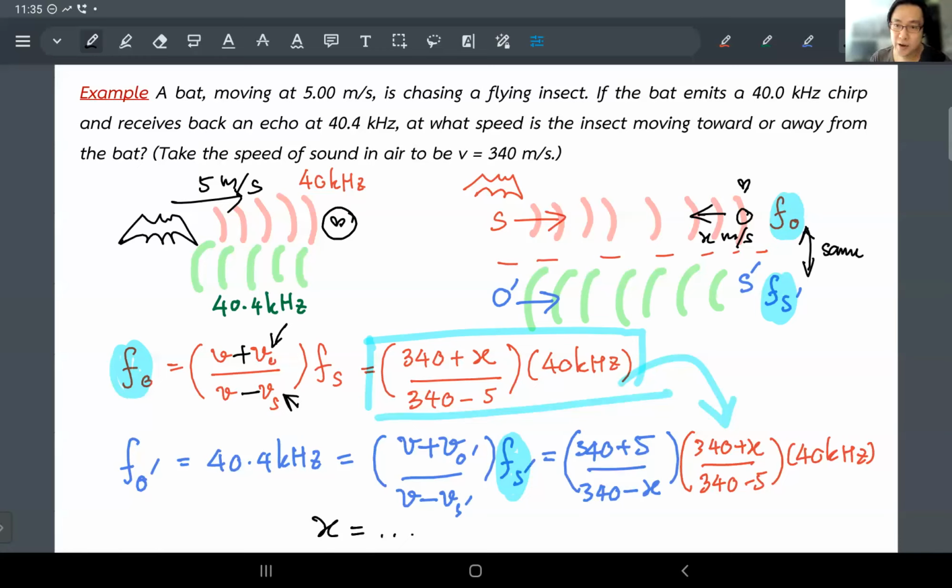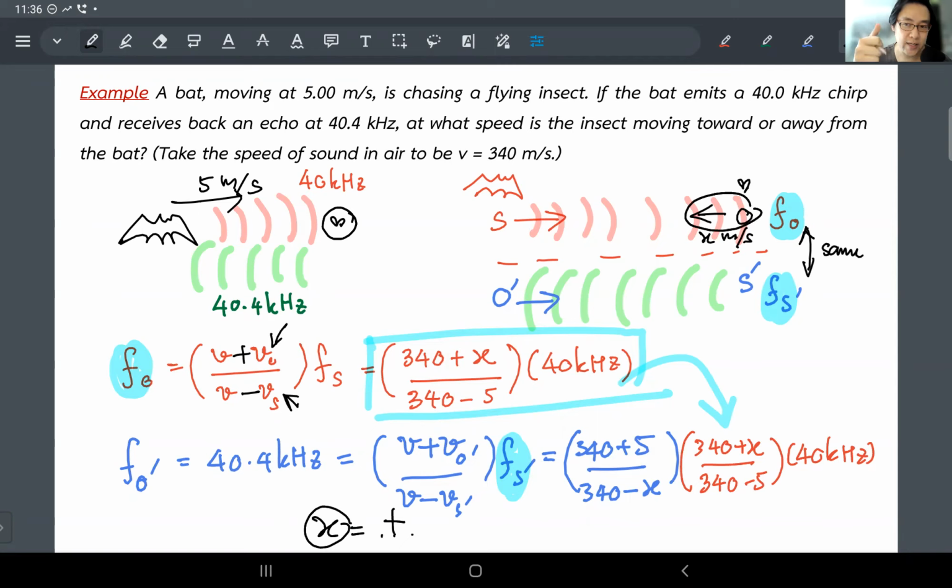Okay. Oh, there's a question that comes in, about the direction of the insect. No, I don't really know whether the insect is moving towards or away from the bat. But here is the final answer. If this x is a positive number, it will indicate that my assumption that the velocity of the insect points to the left seems to be the good one.